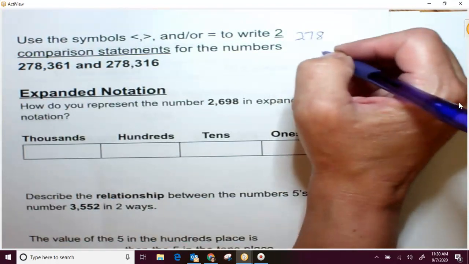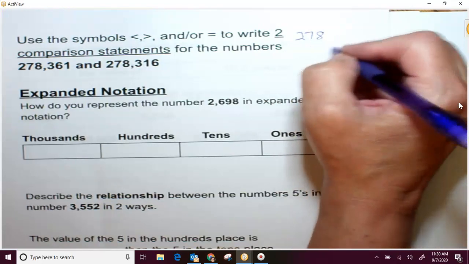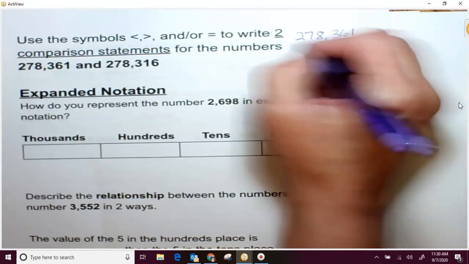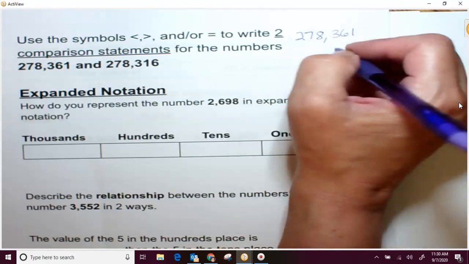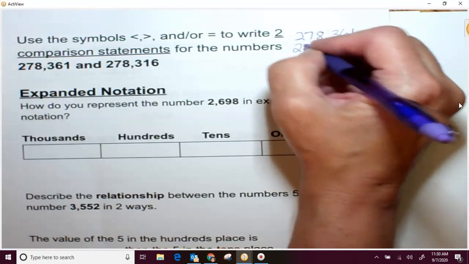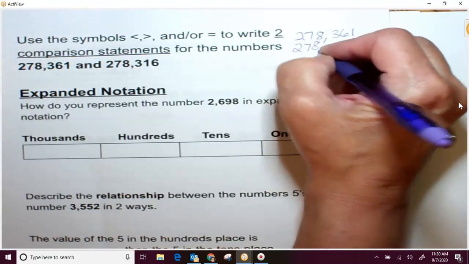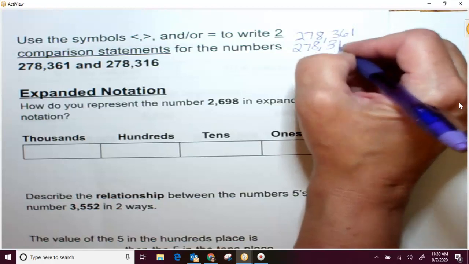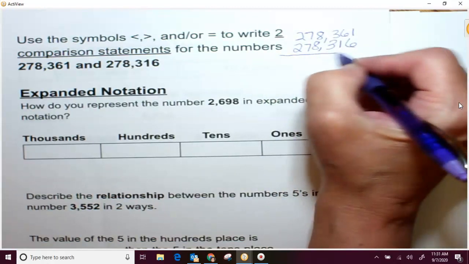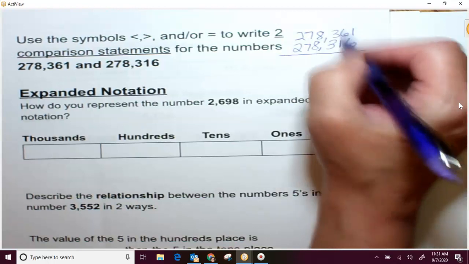I'm going to lay them out vertically so I can really compare the digits: 278,361 and 278,316. Make sure that you are lining the place values up.